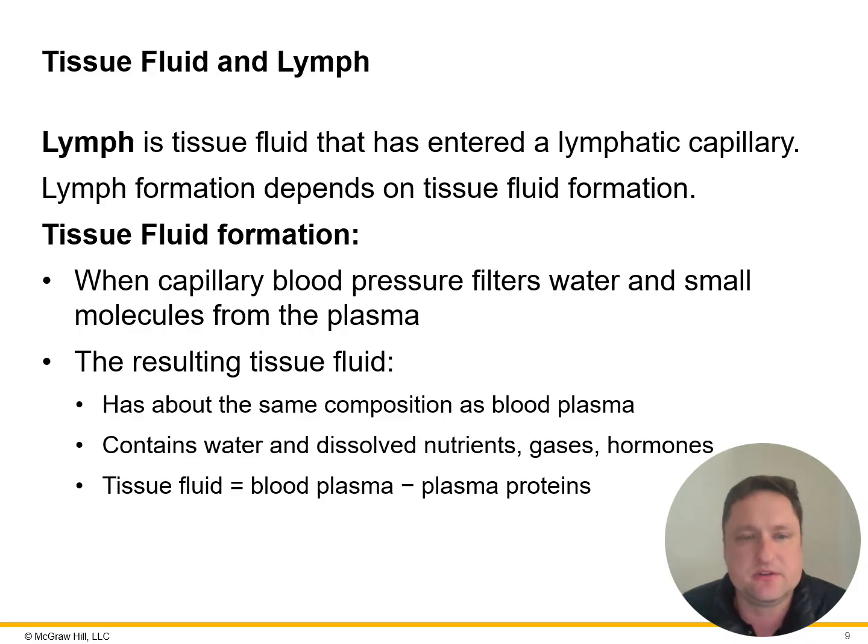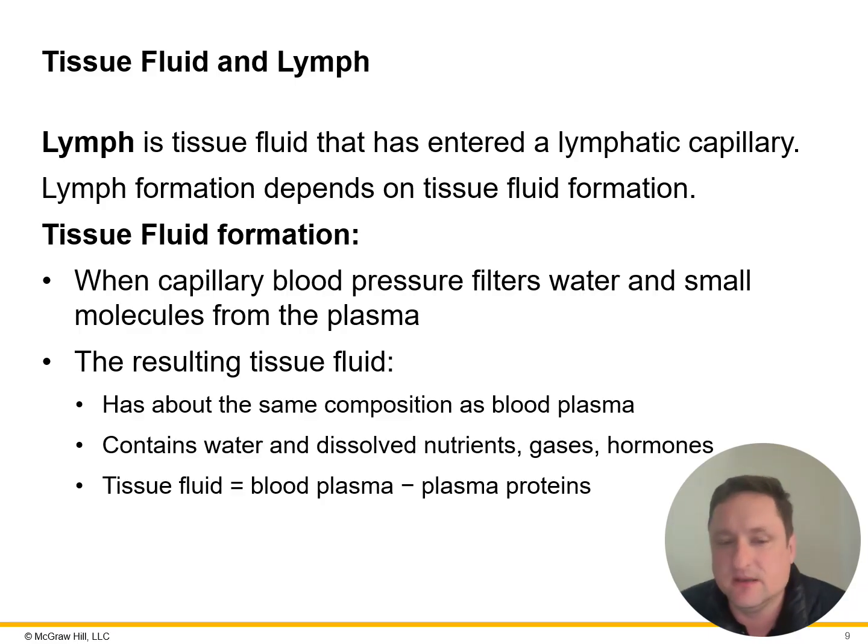This fluid closely resembles plasma, but lacks most plasma proteins. It lacks these because these proteins are simply too large to filter freely through these vessels. So when tissue fluid enters the lymphatic capillary, it becomes lymph, and then it begins its return journey.